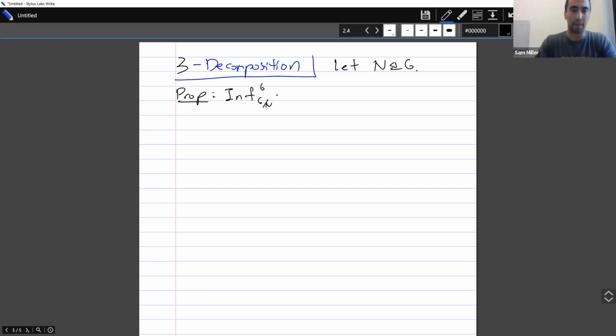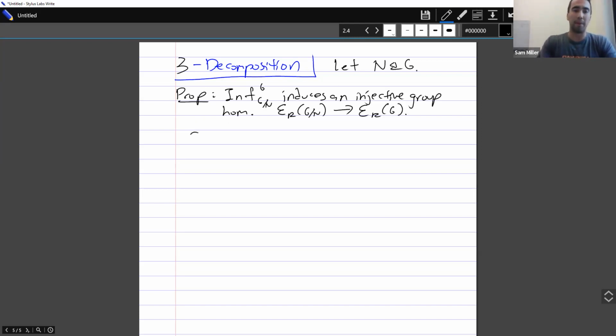We can always go from G mod N to G by inflation. And this induces an injective group homomorphism from E_K(G/N) to E_K(G).